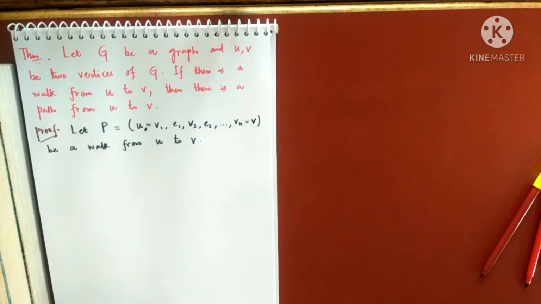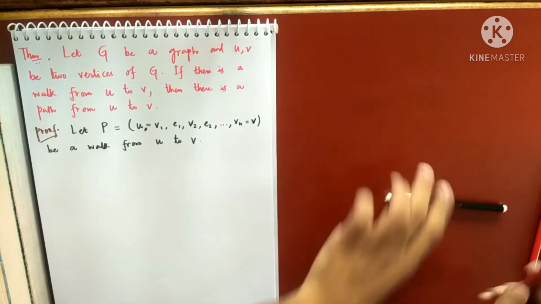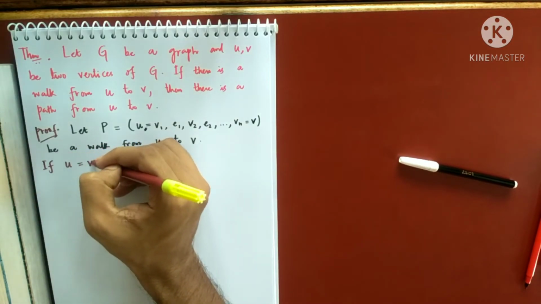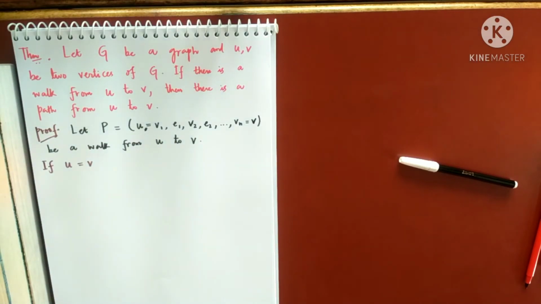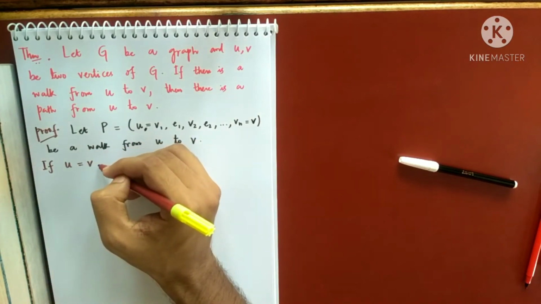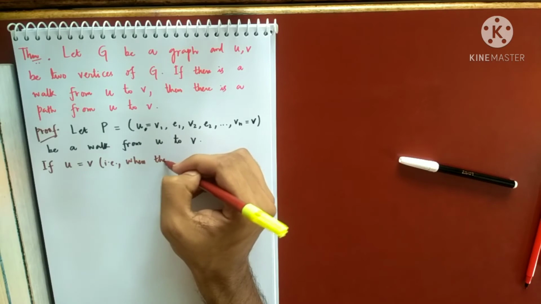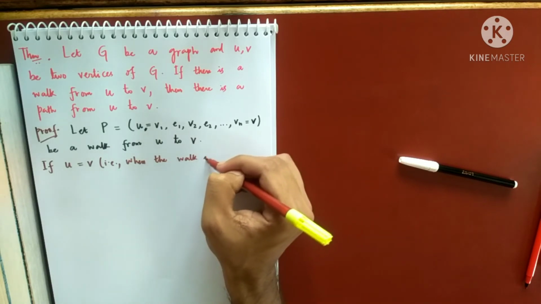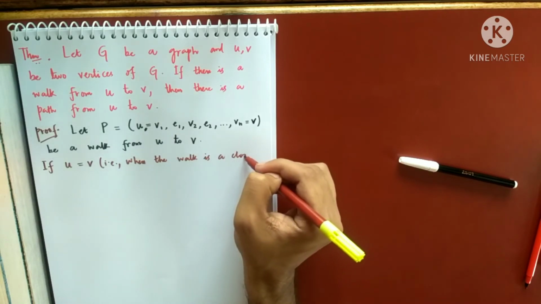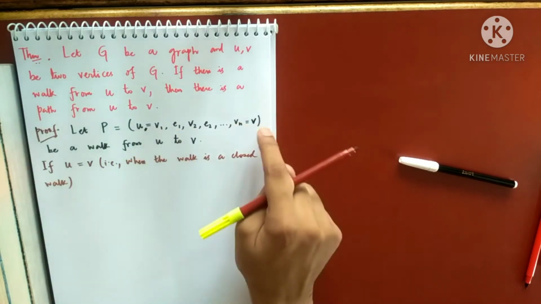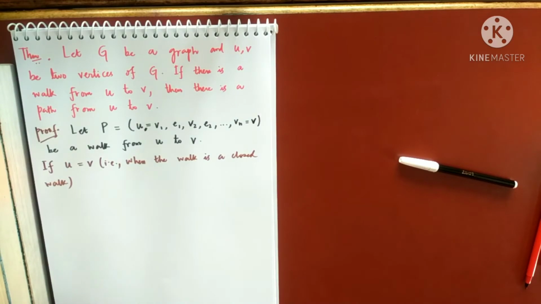Now we'll do it in cases. If U equals V, that means this is a closed walk. If U equals V, that is when the walk is a closed walk. So if U and V are the same, that means I'm starting at U and I'm ending at U. Okay.